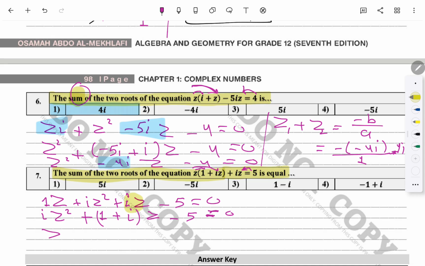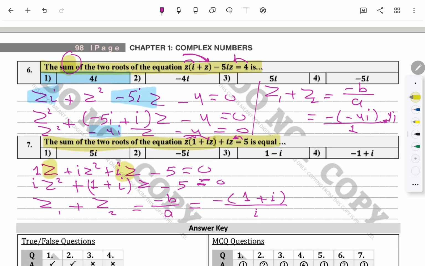So the sum will have this rule, z1 plus z2 equals negative b over a. The b is written from the coefficient of z, which is 1 plus i, all divided by a, which is i from the coefficient of z squared.